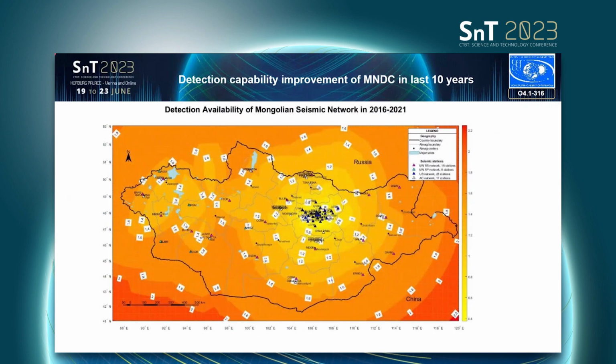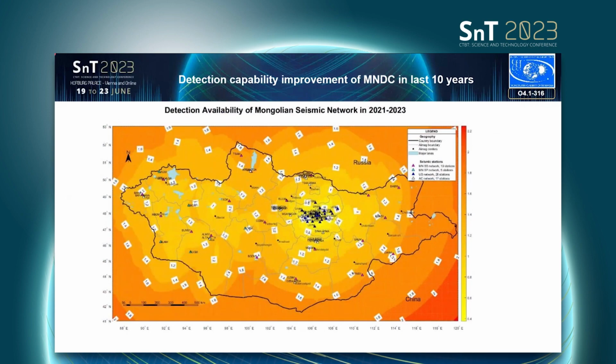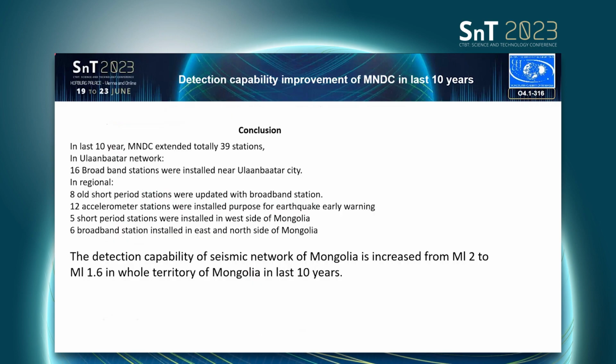Between 2016 and 2021, there are also extended stations, also improving detectability in Mongolia. And right now, with all the stations, almost magnitude 1.4 can be detected in our whole Mongolian territory.